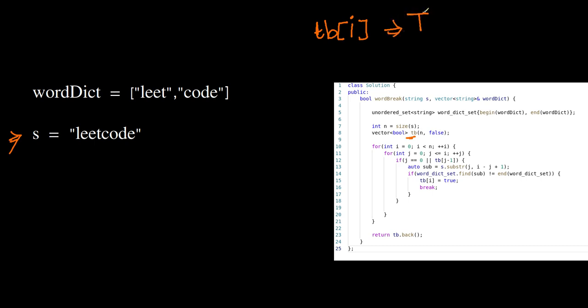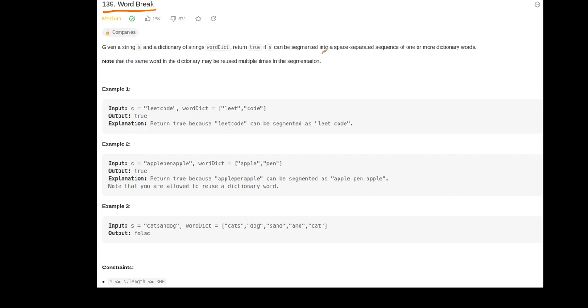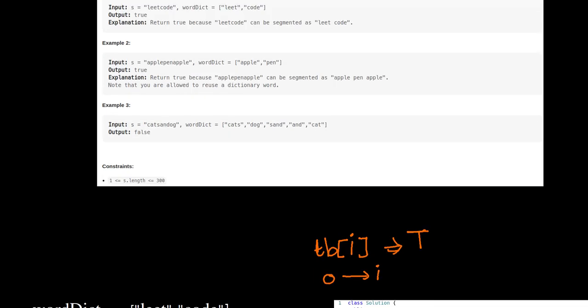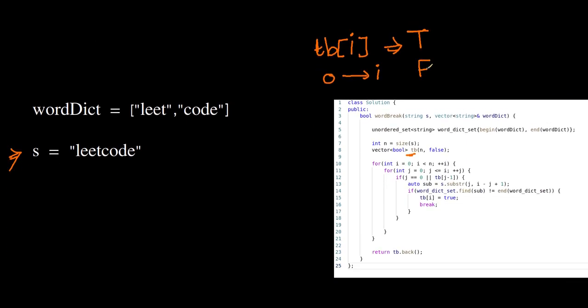If it's true, that means the substring from 0 up to index i can be segmented into a space separated sequence. If it's false, that means this substring cannot be segmented.